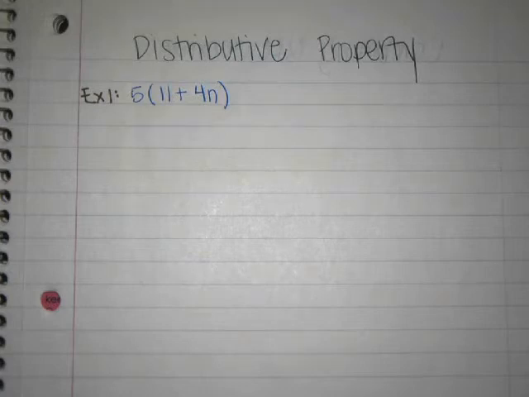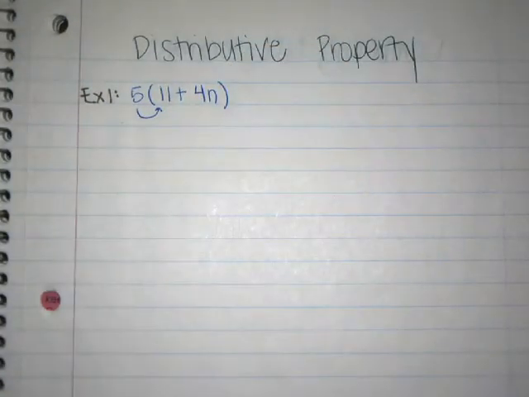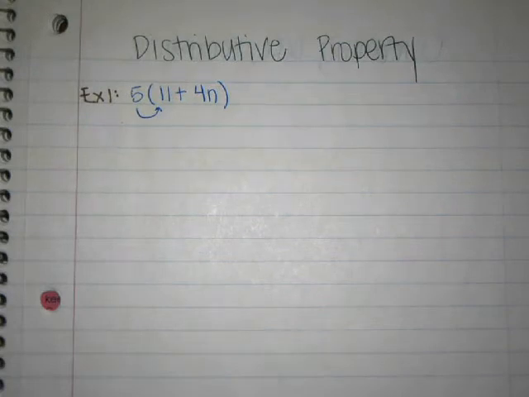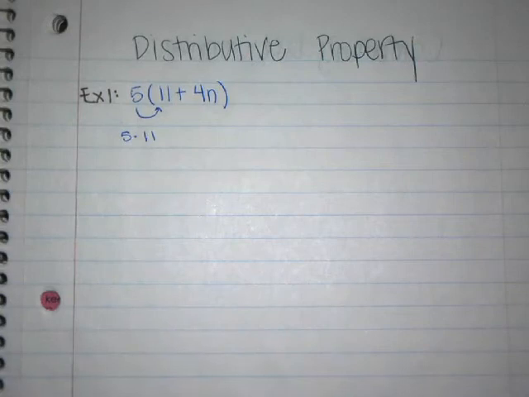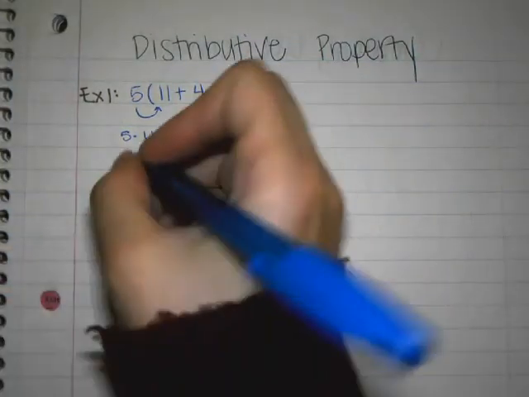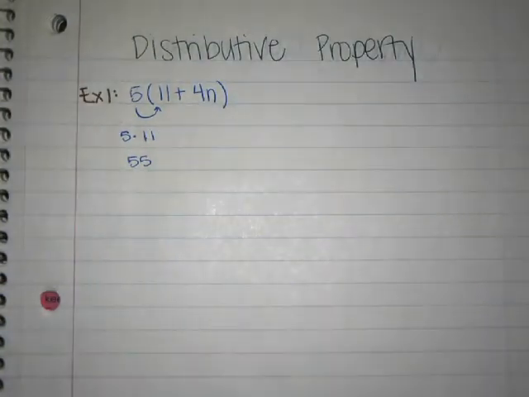We are doing the same thing even though there's a variable. Is that understood? You take your arrow and you draw the arrow from 5 to 11. What does that mean? So we're going to write 5 times 11. And what is 5 times 11, everyone? 55. Any questions so far?